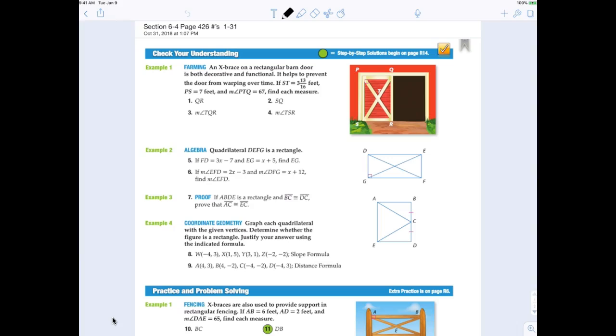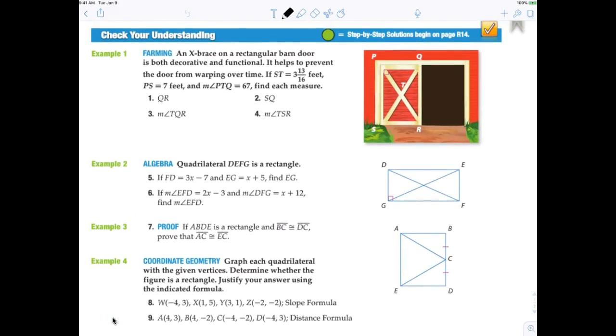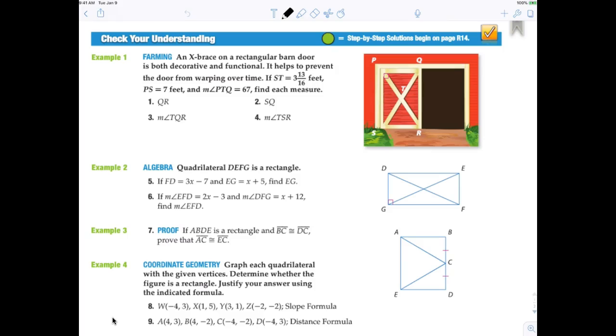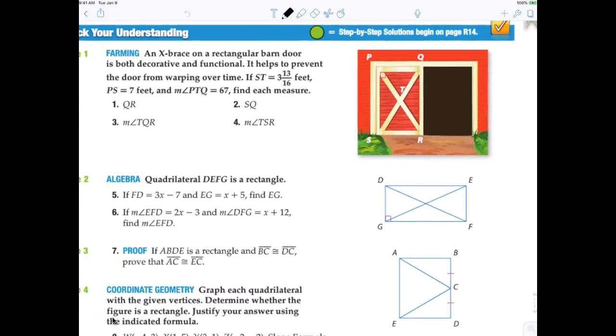So question number 1. It says an X brace on a rectangular barn door is both decorative and functional. It helps to prevent the door from warping over time. If ST is 3 13/16 feet, PS is 7, so let's go ahead and write that out.